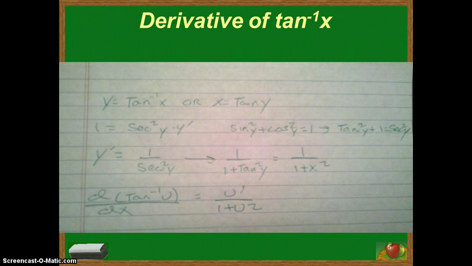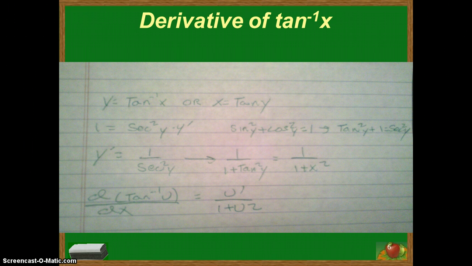But remember our identity, sine squared of y plus cosine squared of y equals 1. But now what I'm going to do with that identity, I'm going to divide both sides of that identity by the cosine squared of y. Okay, and I come up with a new identity. I get tangent squared of y plus 1 equals 1 over cosine squared, which is the same thing as secant squared of y.